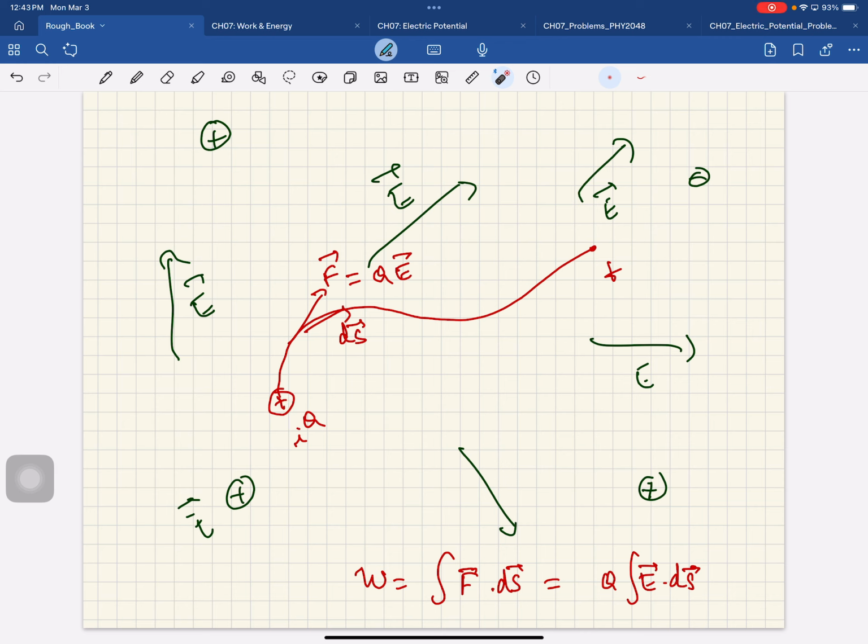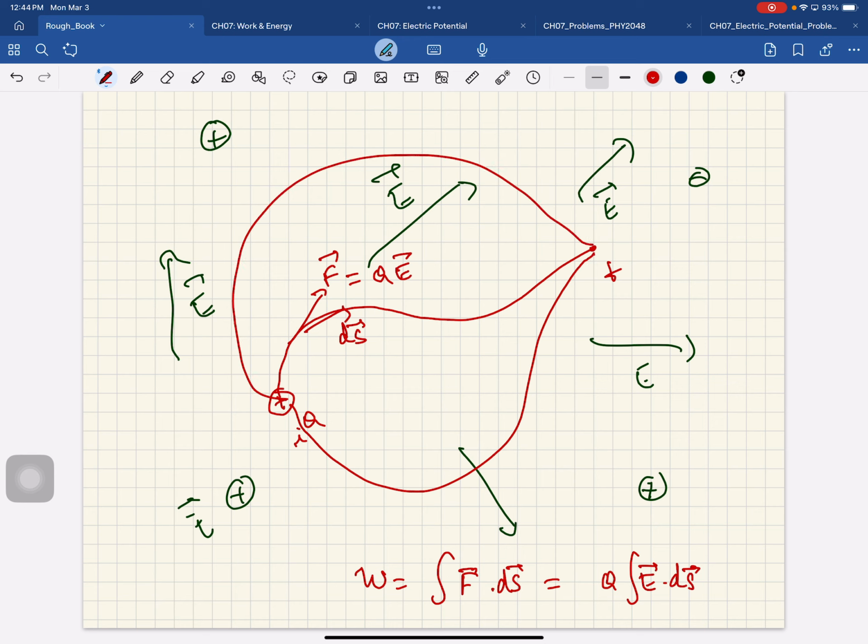And it turns out that this work done is independent of the path. It doesn't matter how you go. If you get there like that, this integral turns out to be the same.